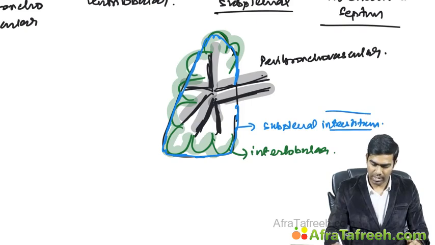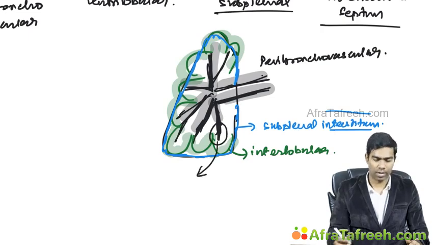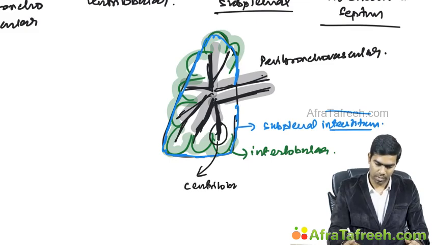Clear? And these things that are coming into the secondary pulmonary lobule like this. Clear? So this septum is what we are going to call the centrilobular interstitium.